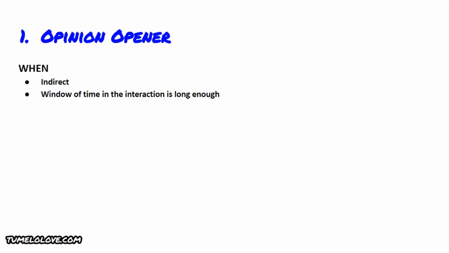When would you use this opener? You'd use this opener when you want to approach her in a way that is indirect. You also want to use this opinion opener when the window of time in the interaction is long enough.